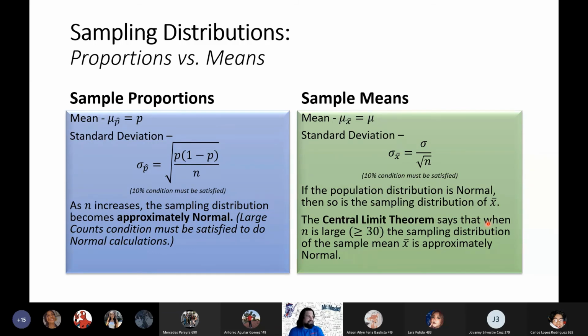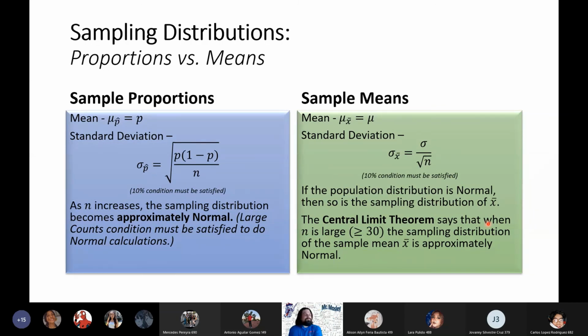The 10% condition must be satisfied to find the standard deviation for a sample proportion. As n increases, the sampling distribution becomes approximately normal, so you need to check the large counts condition to do normal calculations, meaning that the number of successes needs to be greater than or equal to 10 and the number of failures needs to be greater than or equal to 10. Then you can use normal calculations.